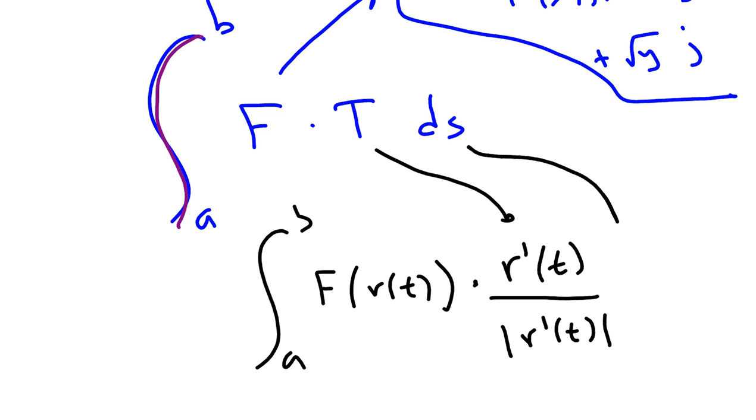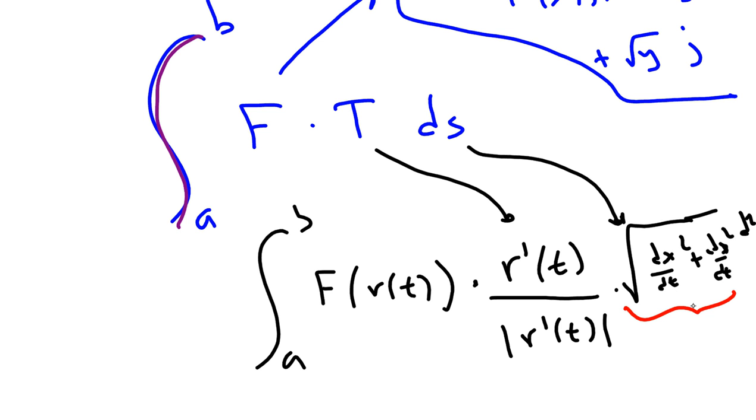And then finally, ds we've seen before. We've written it the following way: the square root of dx dt squared plus dy dt squared, dt. If you look at this, that's really just the derivative of your path, and we're finding the length of it, because that's what this square root of the sum of the squares of the components does.